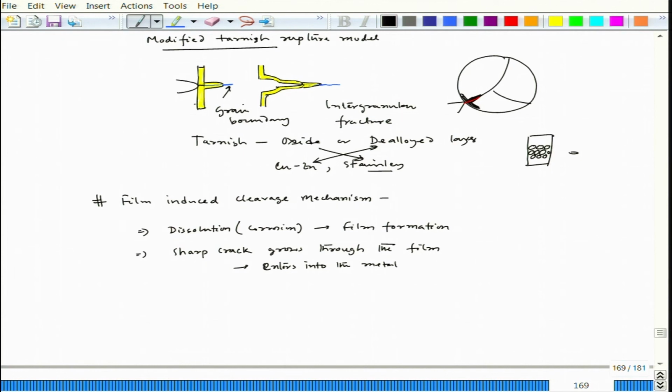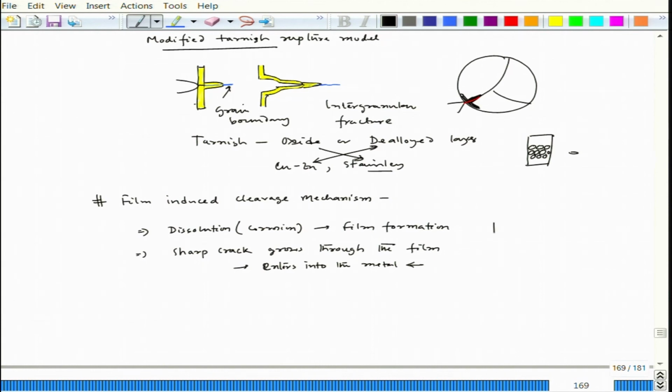So, now it does enter into the metal, but before it grows fast into the metal, since the metal is ductile, the crack arrest is possible by local plastic deformation, and crack blunting can happen. In this case, the crack does not stop at the film; that is the only tricky part here, it also enters into the metal.